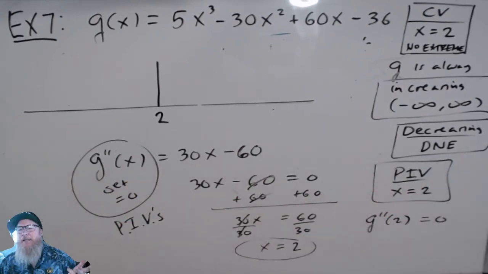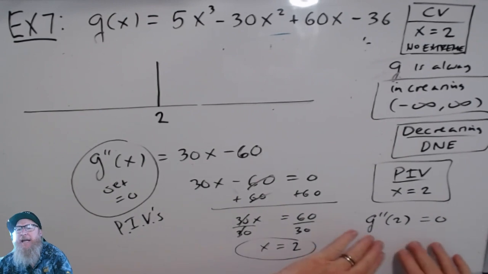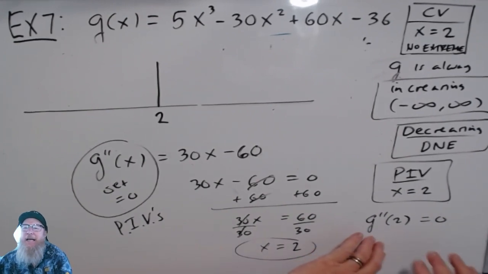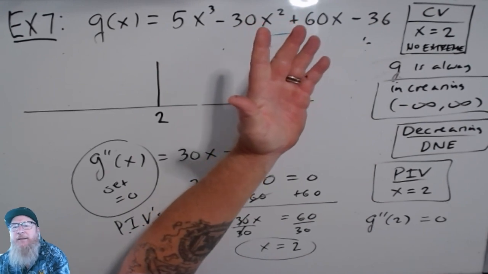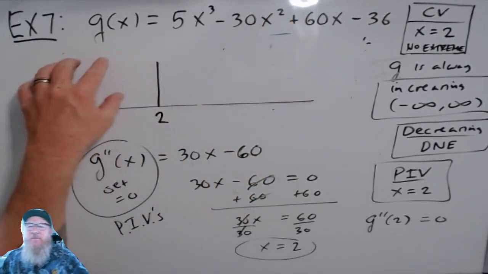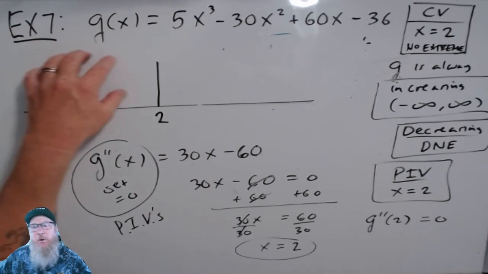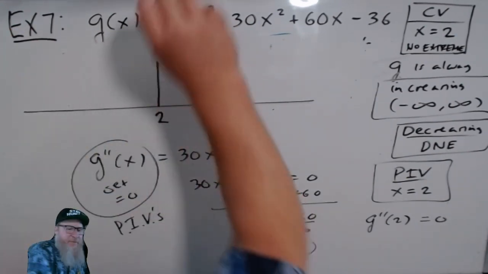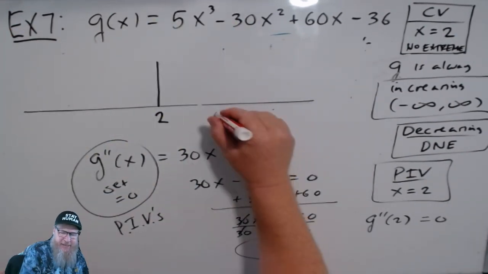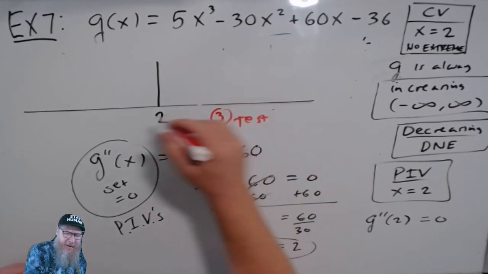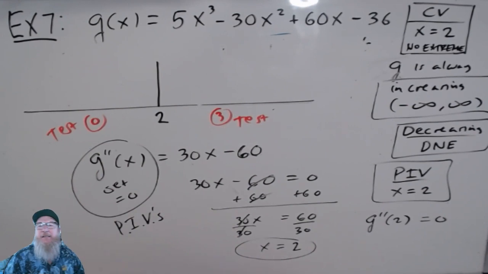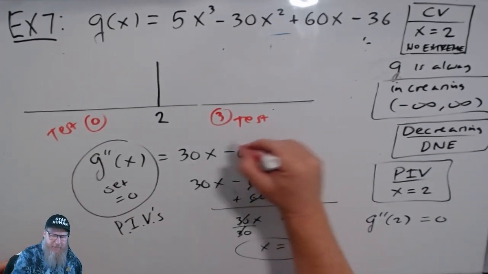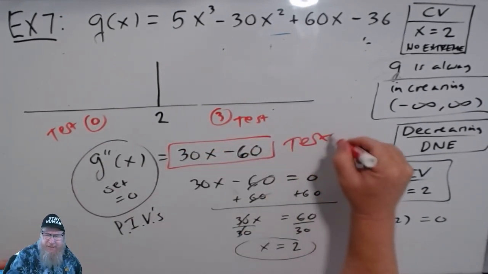That's because it's a possible inflection value, which means you can't determine the concavity at 2, right? It's not an extreme value. So that means the concavity is possibly different. In fact, it is going to be different on each side of 2. So let's test again. Let's test 3 and 0. Same numbers we tested last time. But this time we're putting them into the second derivative.